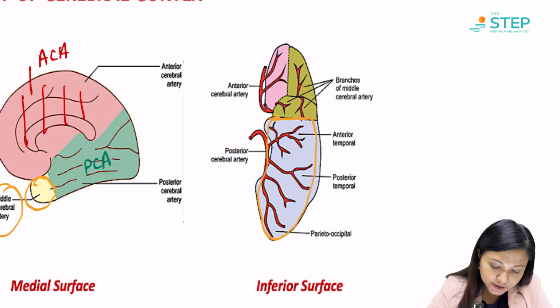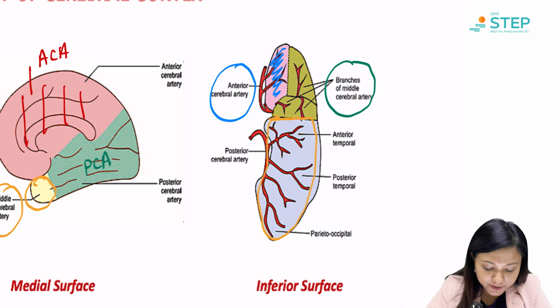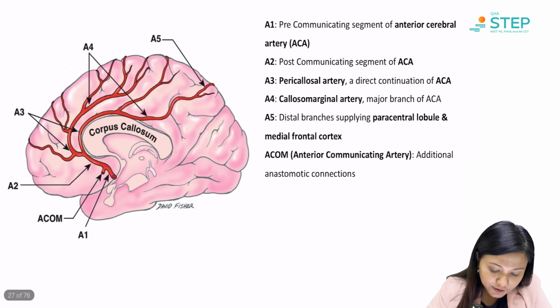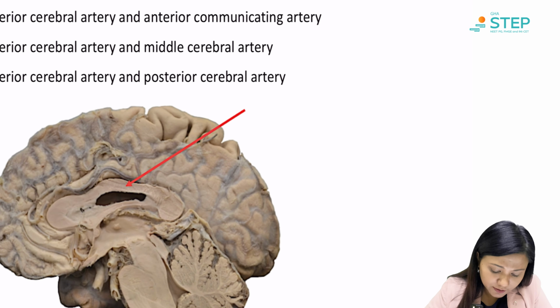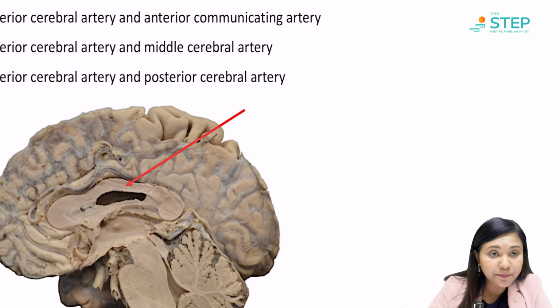On the orbital surface, the medialmost part is supplied by the anterior cerebral artery, and the lateral part is supplied by branches of the middle cerebral artery. In this image, the section is medial, showing the medial surface.